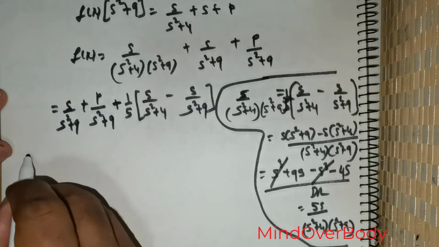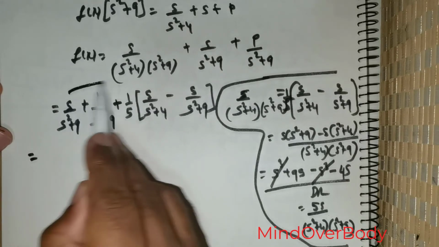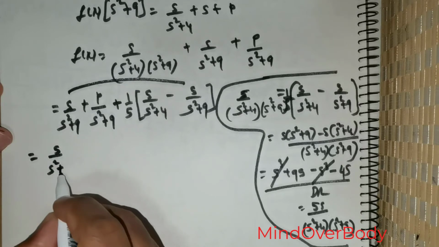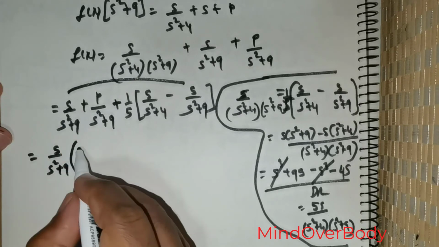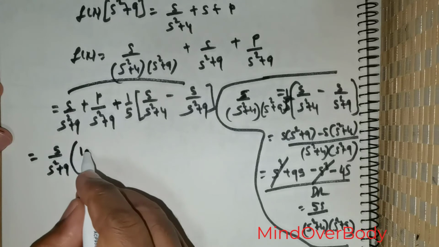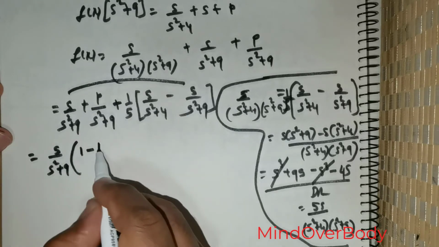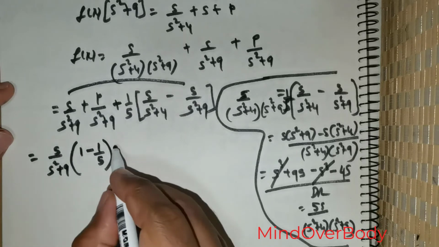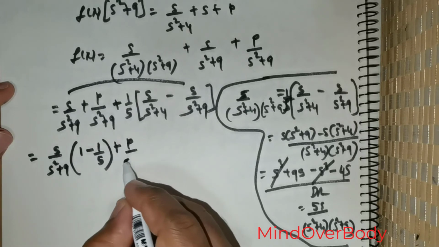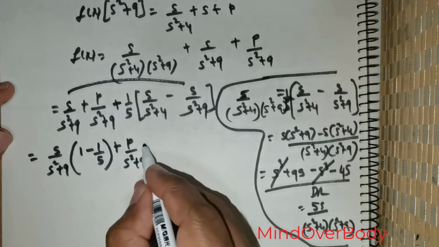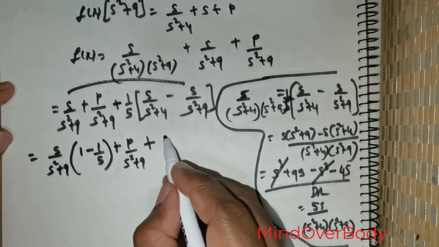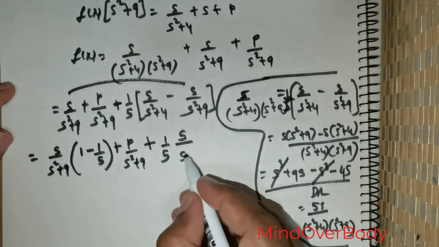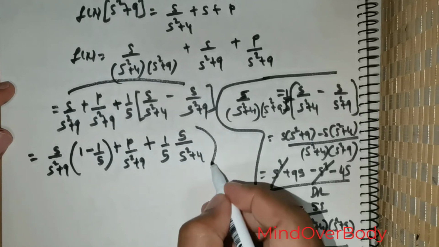I'm going to rewrite this as s over s squared positive 9 followed by negative 1 over 5, so this and this are clubbed, followed by p divided by s squared positive 9, followed by positive 1 over 5 times s divided by s squared positive 4. So this is what I've got.